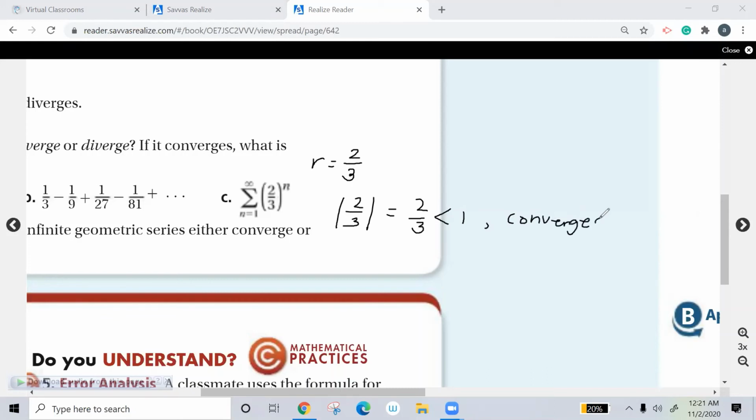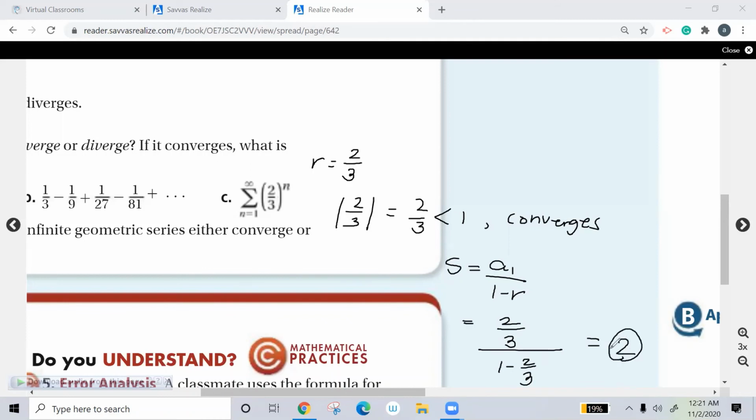If it converges, we need to find the sum. So S is equal to A sub 1 all over 1 minus R. A sub 1 is 2 over 3, all over 1 minus the common ratio, which is 2 over 3. So it will give you the answer 2.